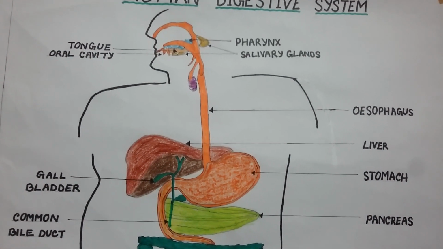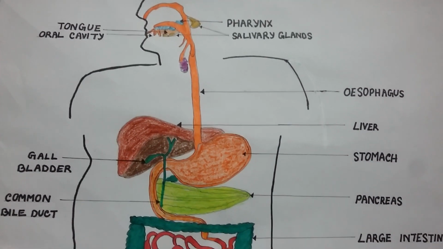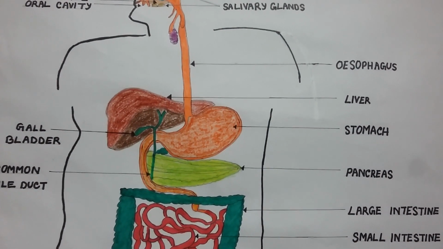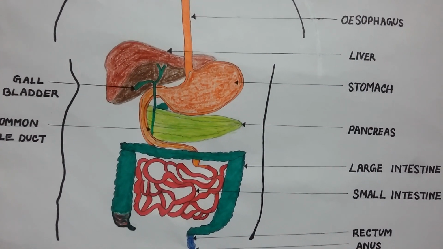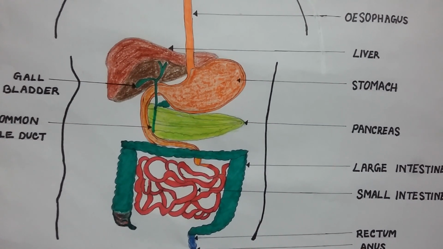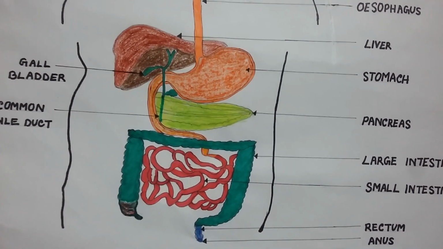The food passes through a long muscular canal called the alimentary canal or the digestive tract, which begins at the buccal cavity and ends at the anus.